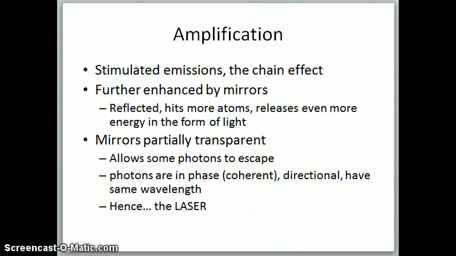So you put mirrors on each side, strategically placed to direct the light, and they're partially transparent, so they allow some of the photons to escape. These photons, as I said, are in phase, so they're coherent. They escape, they are directional, and they have the same wavelength, as I explained before. Hence, this is where we get the laser.